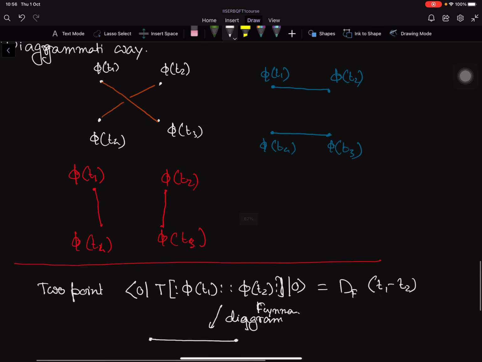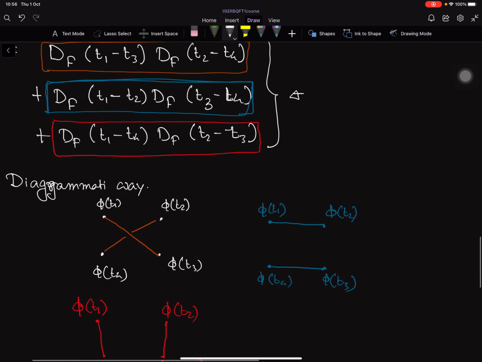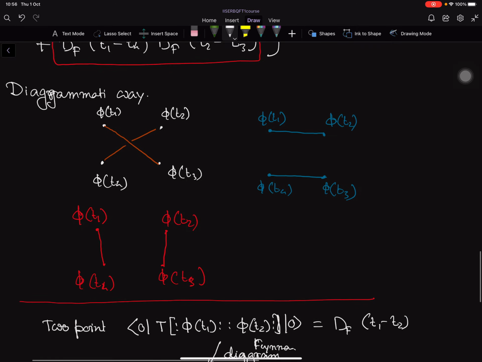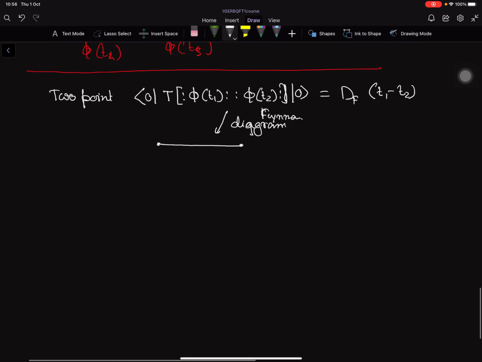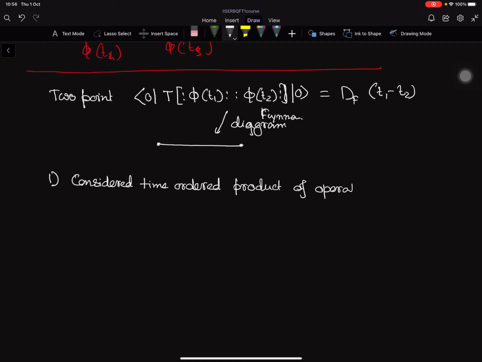So up to this point, what we have done is that first we considered the time ordered product of operators.